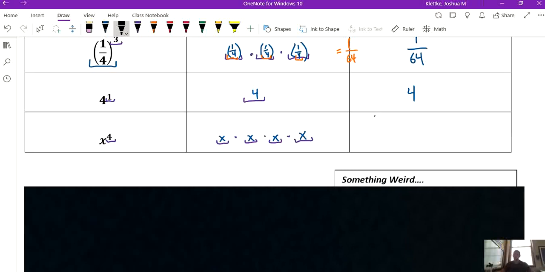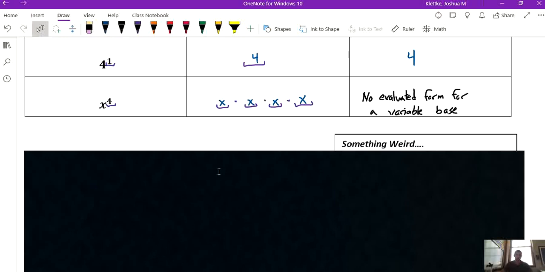Since this is a variable where I don't know the value of x, there is no evaluated form for a variable base.